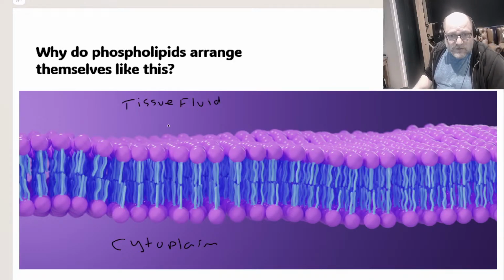So the heads are attracted to the outside and the inside of our cell. And this is a good thing because this creates a bilayer, two layers, the phospholipid bilayer, two layers of phospholipids. And it means that charged particles cannot enter our cell without permission.